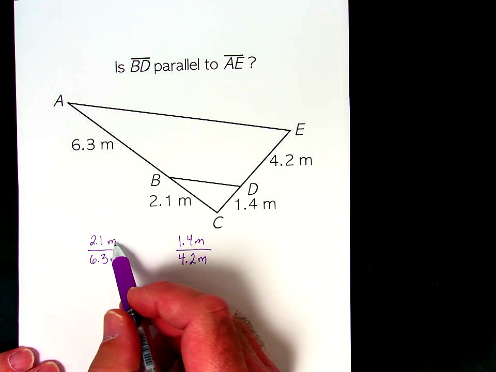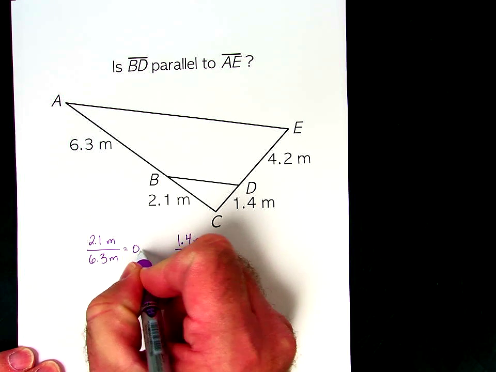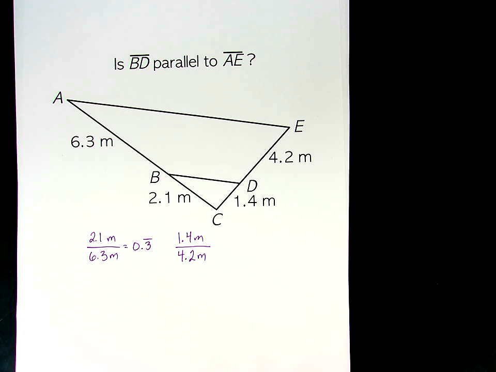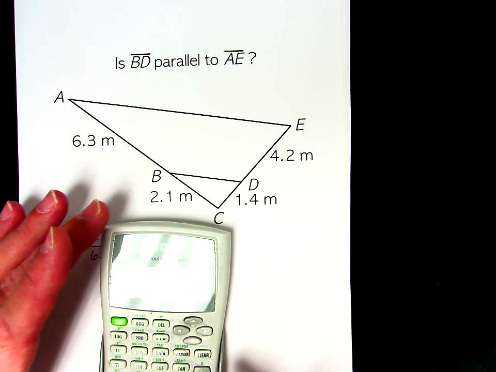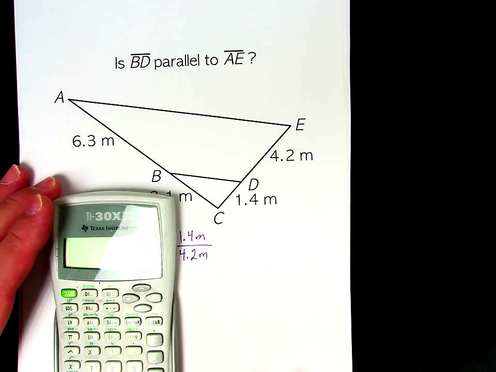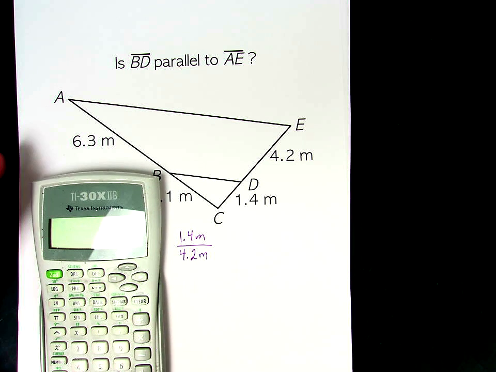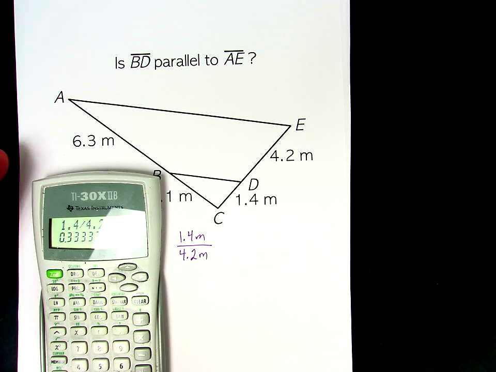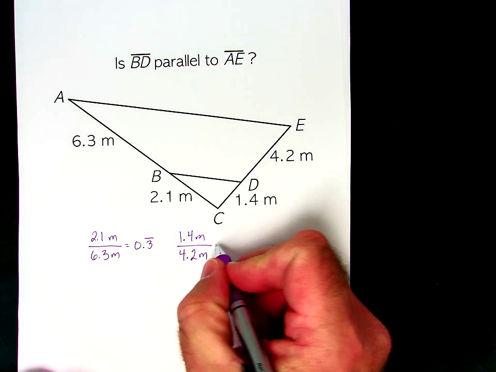My labels of meters would reduce. So this is 0.3 repeating. If I do the same thing for the other ratio, 1 4/10 divided by 4 2/10, I also get 0.3 repeating.